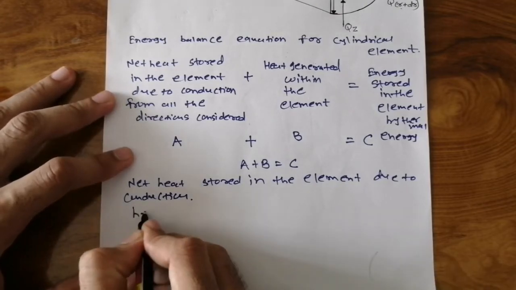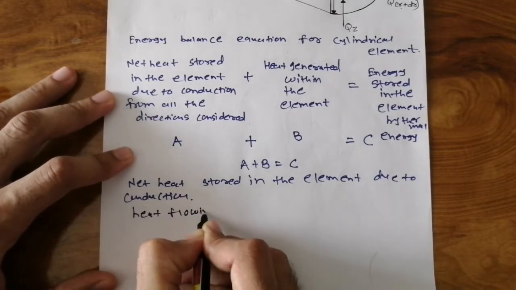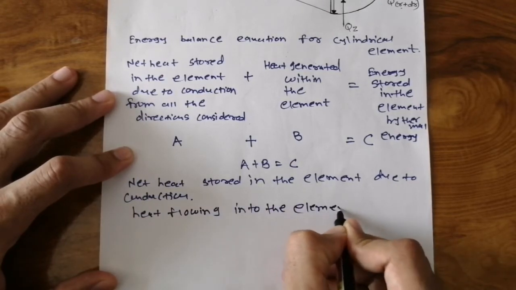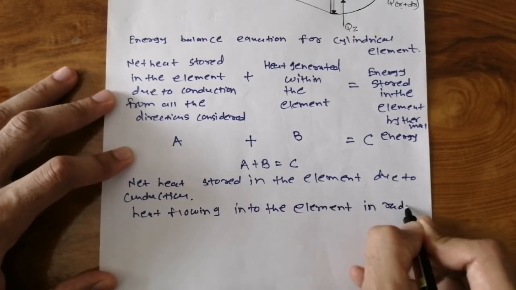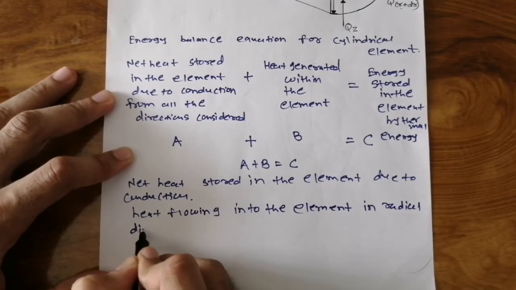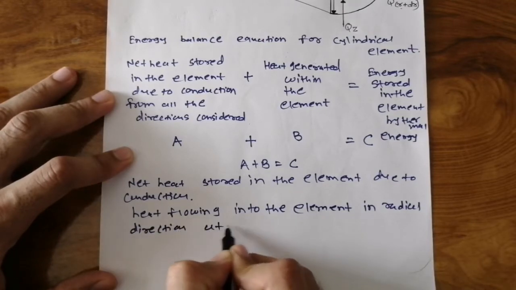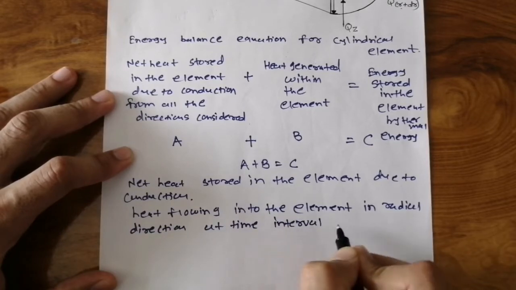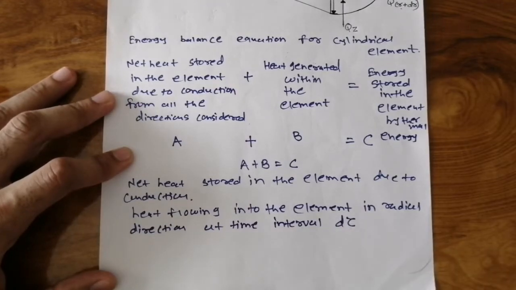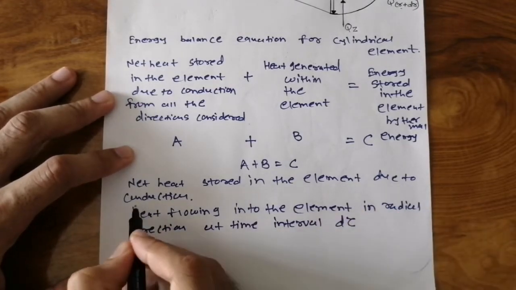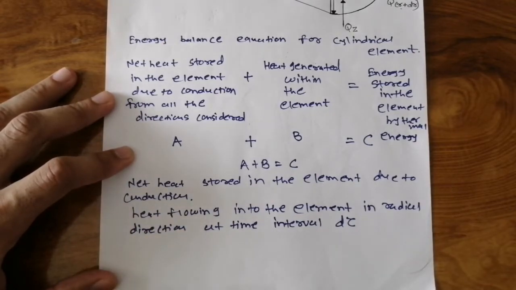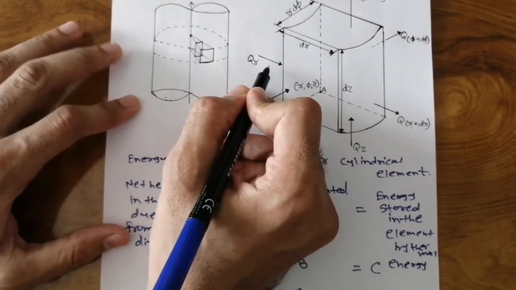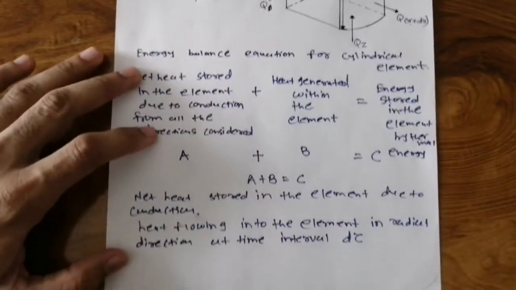We consider heat flowing into the element in the radial direction in time interval d tau. The heat due to conduction is considered according to Fourier's law of conduction. Energy in will be Qr in the radial direction.